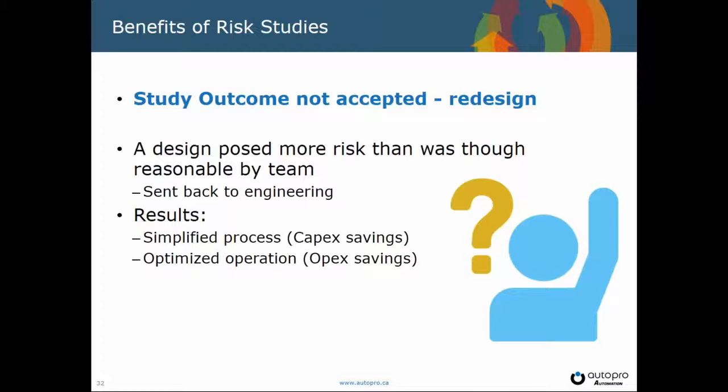We removed that vessel. It optimized the process, so we not only saved millions of dollars in construction costs, we optimized the operation, saving the facility hundreds of thousands of dollars a year throughout the life cycle. So one of the benefits of the risk studies, with the CHAZOP included with the HAZOP, is that they almost always save money.